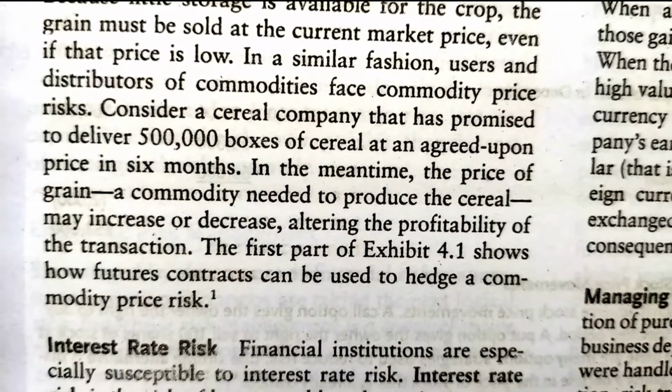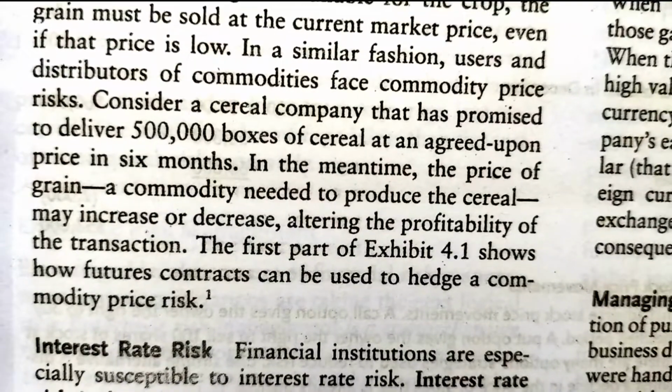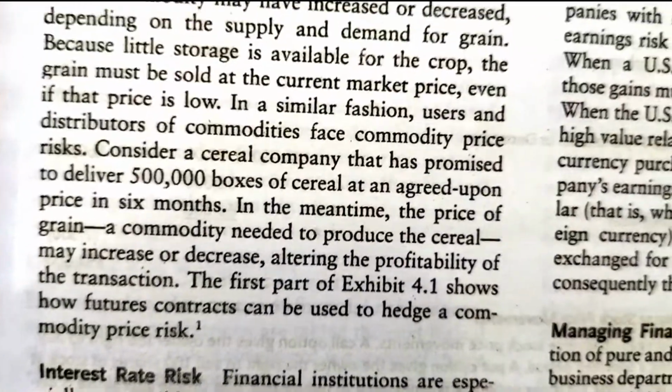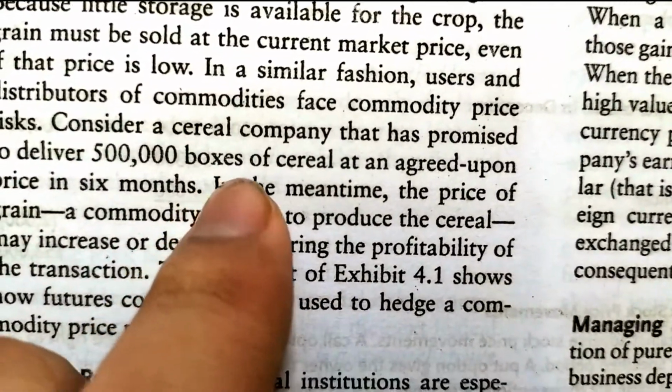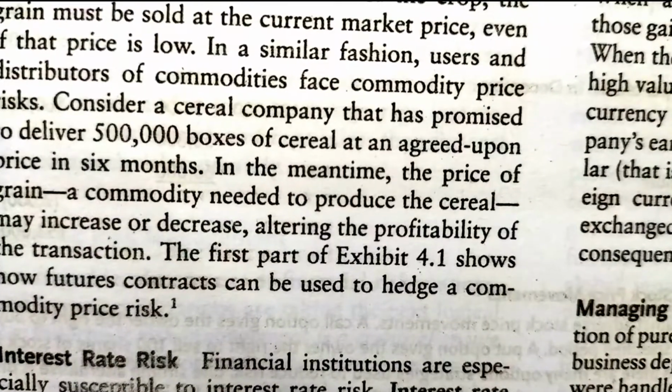In a similar fashion, users and distributors of commodities face commodity price risks. Consider a cereal company that has a promise to deliver 500 boxes of cereal at a fixed price.